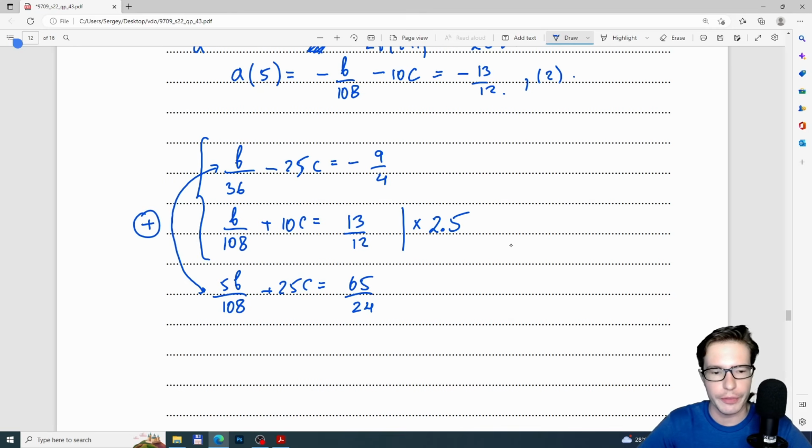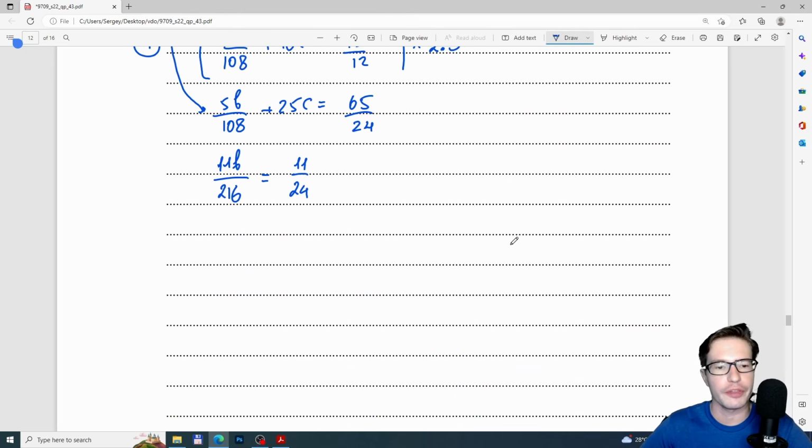So I will get 11b over 216 equals 11 over 24. Now divide both sides by 11 over 216, and we'll get b equals 9.